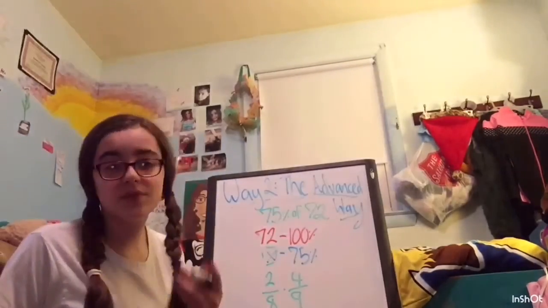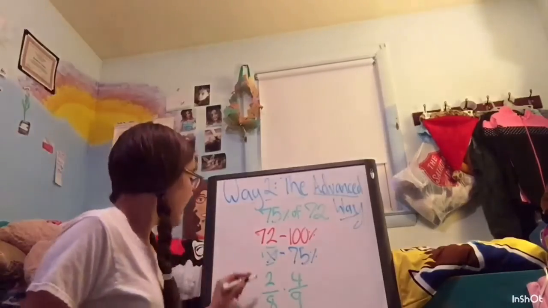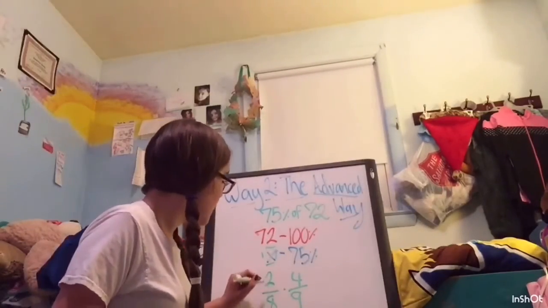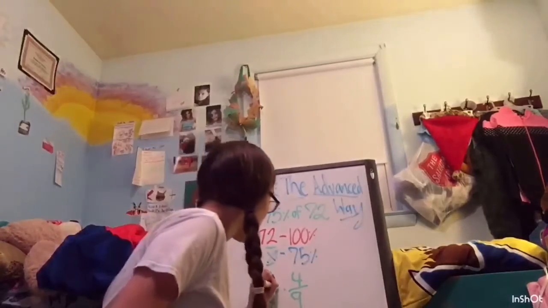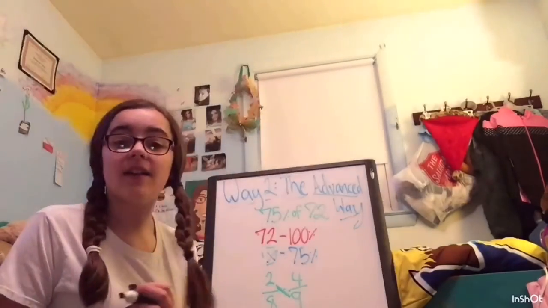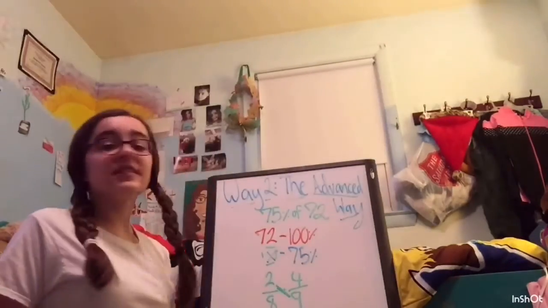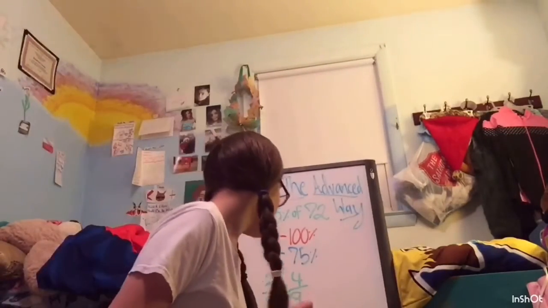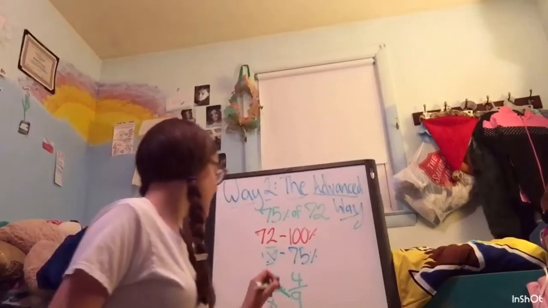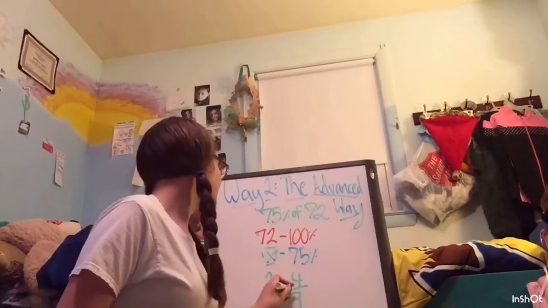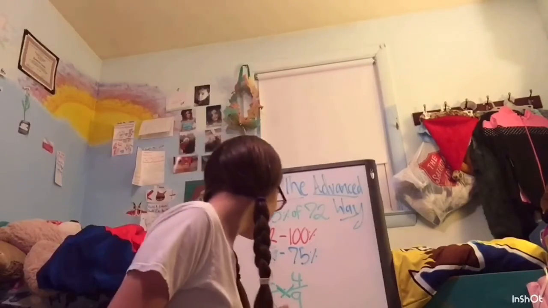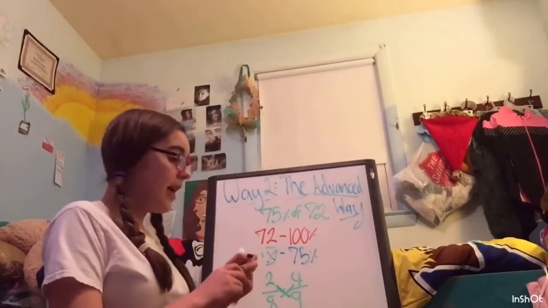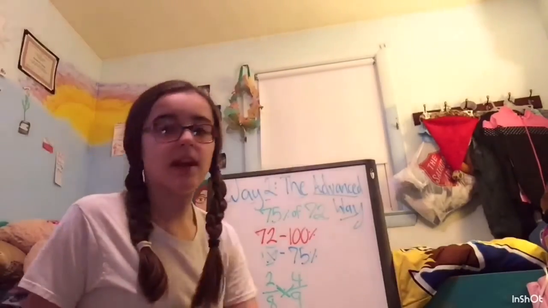That may sound confusing, but just listen. If we have 2, we multiply it by the number across it, diagonal of it, which is 9. This is also called the butterfly method. So 2 times 9 is 18. And then we'd multiply 4 by 8, which is 32. And that's how we would cross multiply.